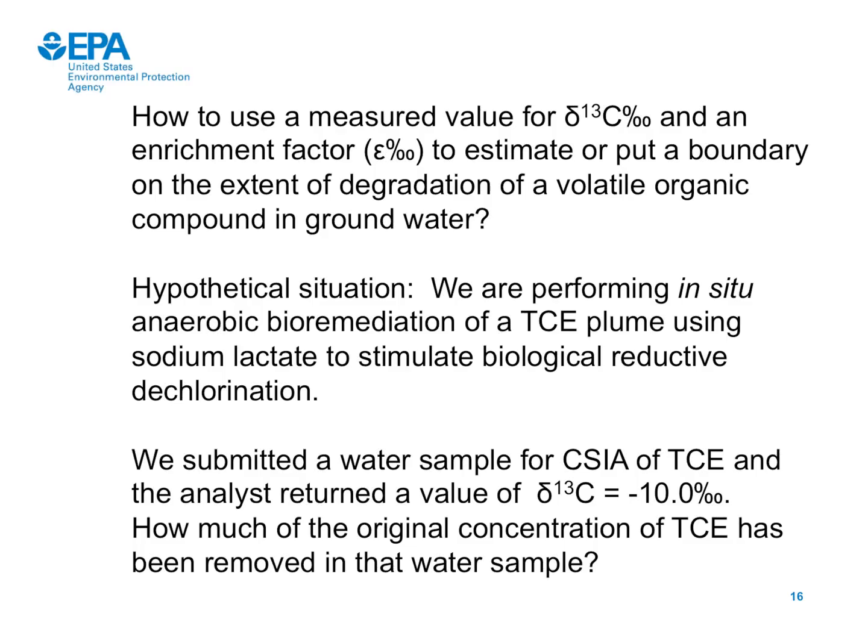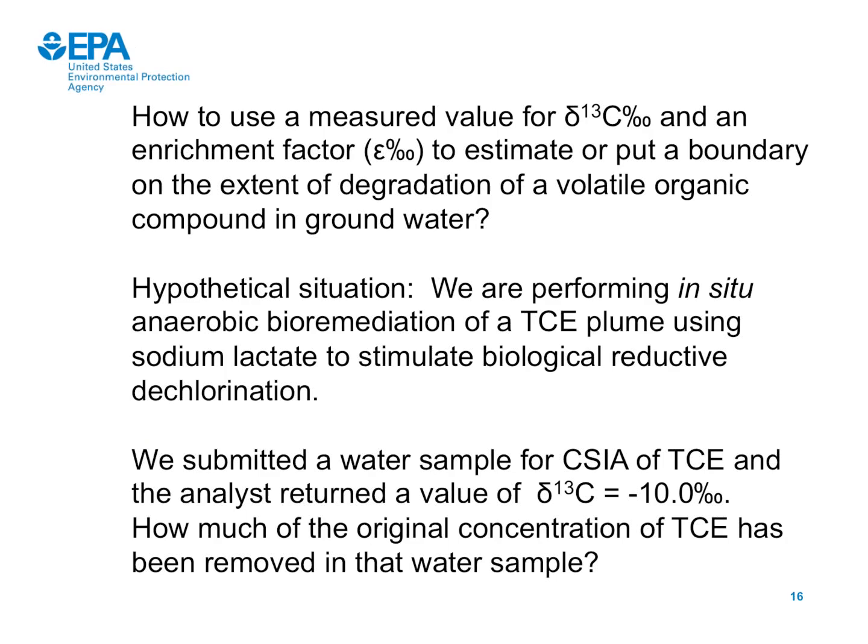So how do we use measured values for delta 13C? This is what's reported by the analyst when you send your samples off. And enrichment factors, which you usually get from the literature, are used to put a boundary on or an estimate on the extent of degradation that's occurred in the groundwater that you sampled and sent off for analysis. So we're going to work through a hypothetical situation.